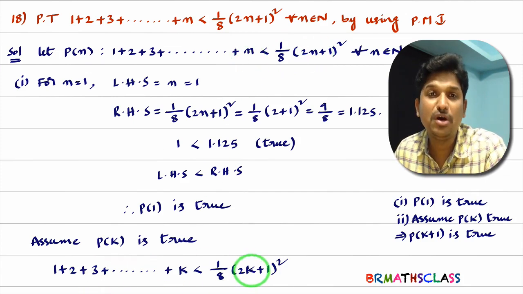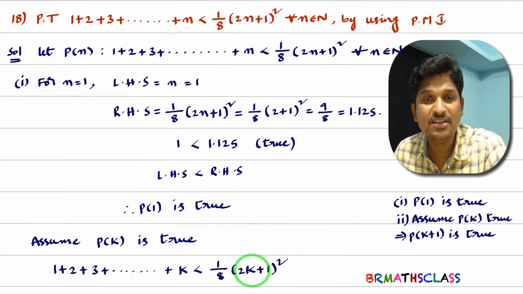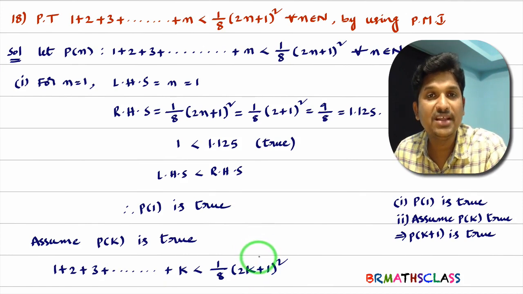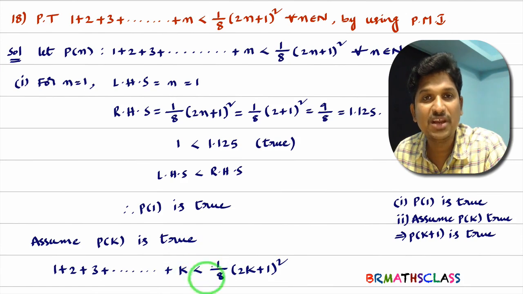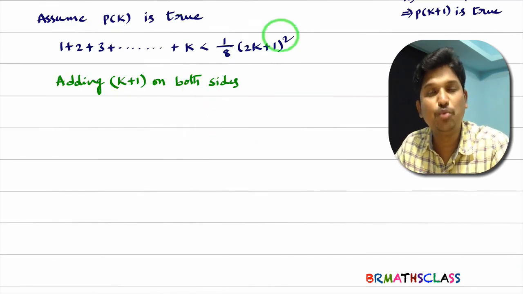In almost all the problems after this step, we will add a term on both sides. What term will we add? How to get that term? In this P of k, in the kth term, you observe here, this is the kth term. In this term, wherever k is there you write k plus 1. Adding k plus 1 on both sides.